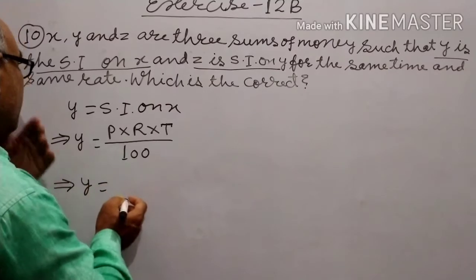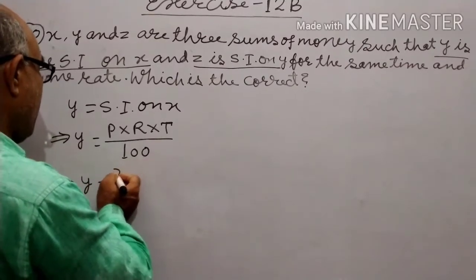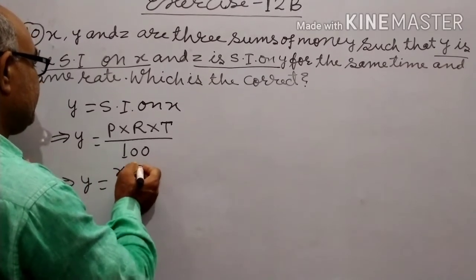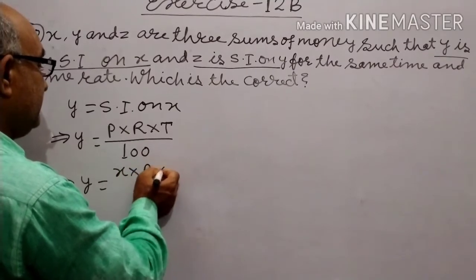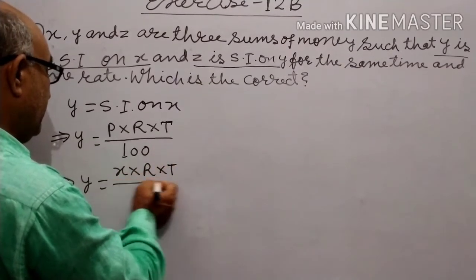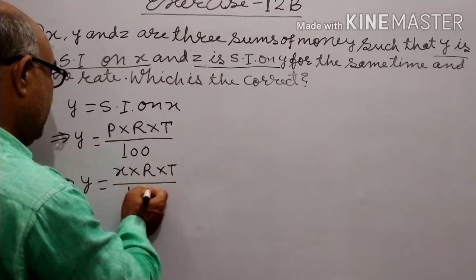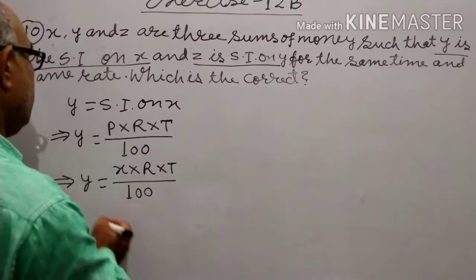That implies Y equal to X into R into T by 100.